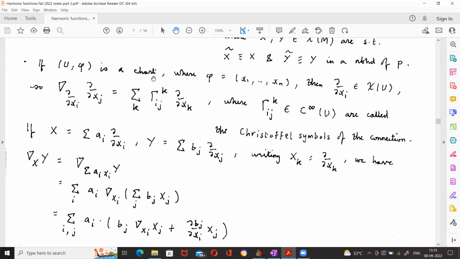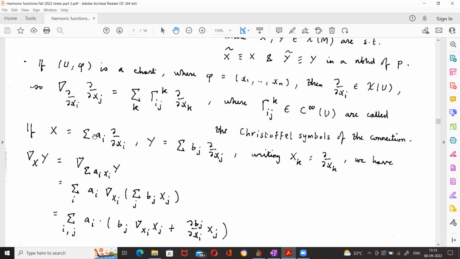These Christoffel symbols determine the connection applied to the basis vectors del/del xi, del/del xj. Then using linearity and the Leibniz rule, once you know nabla of del/del xi on del/del xj, you can compute nabla_X Y for any pair of vector fields X, Y on U. So let's do that computation.